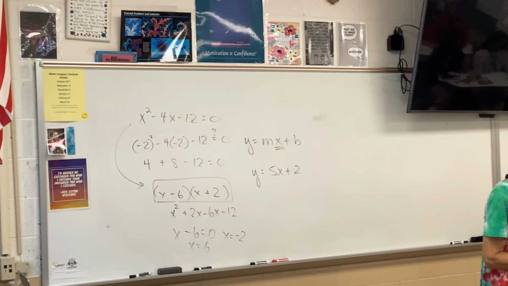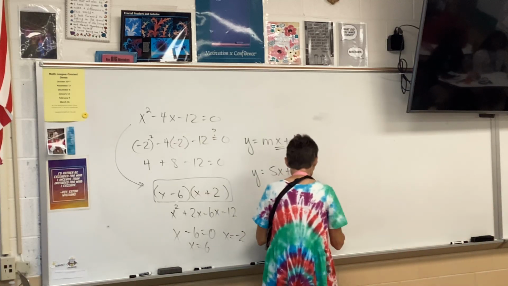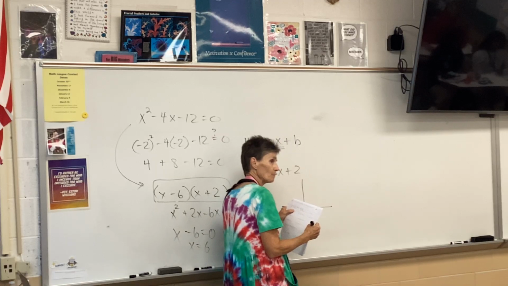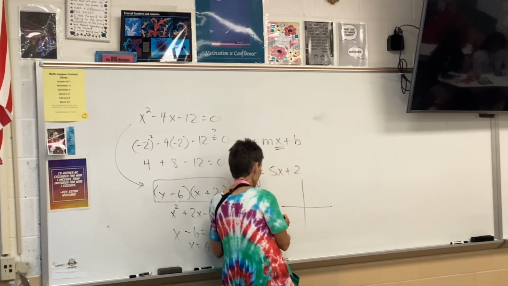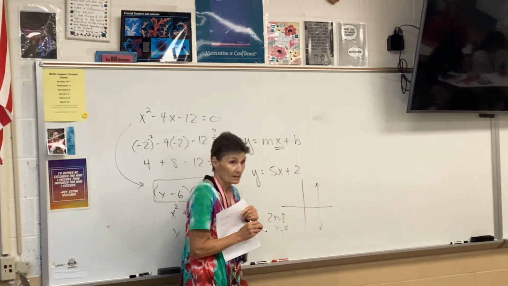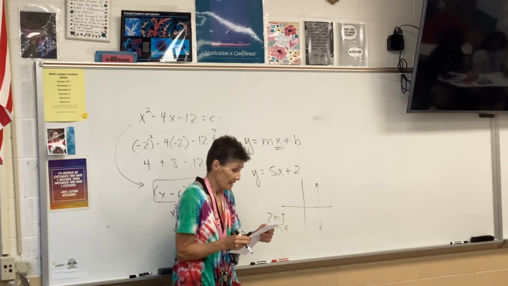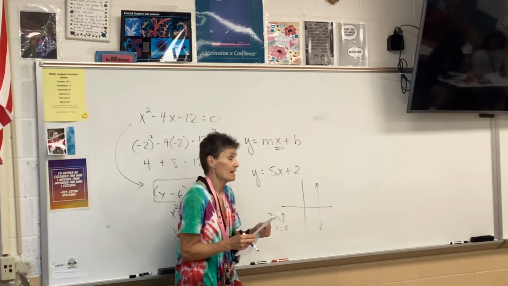So A is linear. Anybody know what it would look like if I graphed it? 2x equals 8, which means x equals 4. It looks like this. Is that right? Yes. So that's linear. And E would be the same thing.